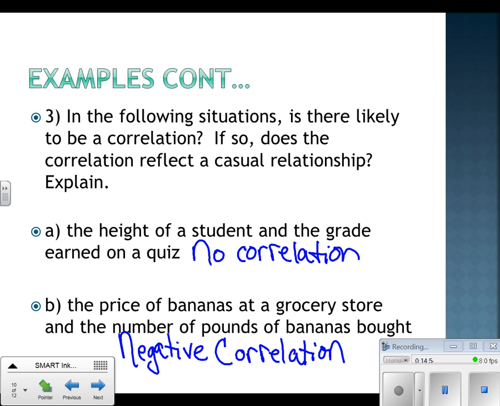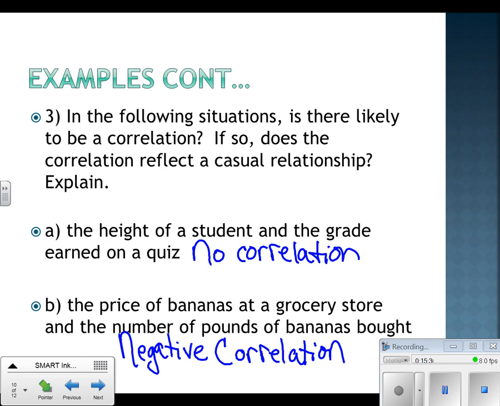So costs going down, sales going up, that's a negative relationship or a negative correlation. One thing is increasing and the other is decreasing. Or vice versa, as the price increases, the amount of sales goes down. Price increase, sales decrease, one up, one down. That's a negative correlation. The price does affect the sales, so that is definitely a causal relationship. That causation is occurring there. A change in one is causing a change in another.